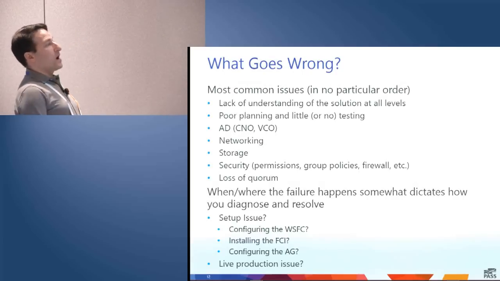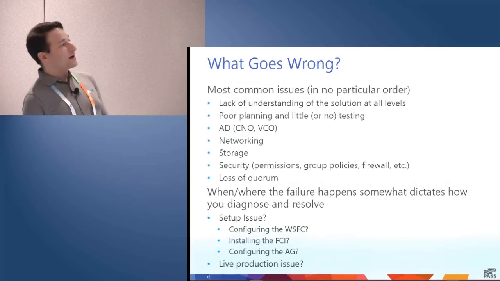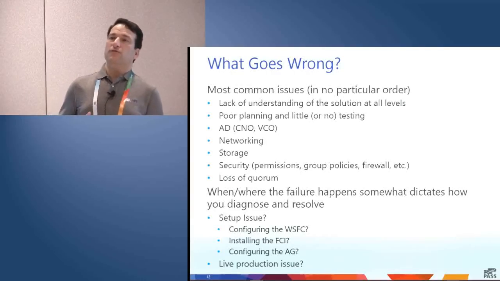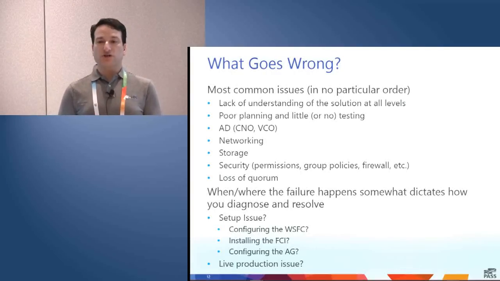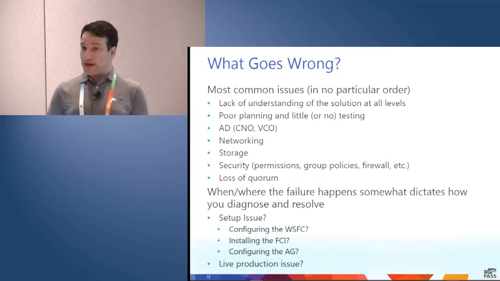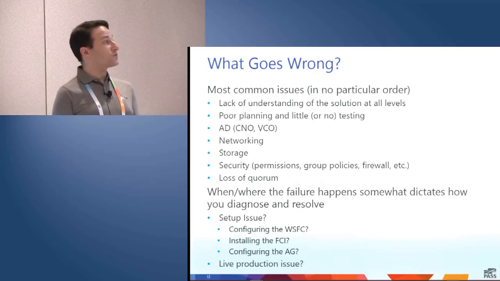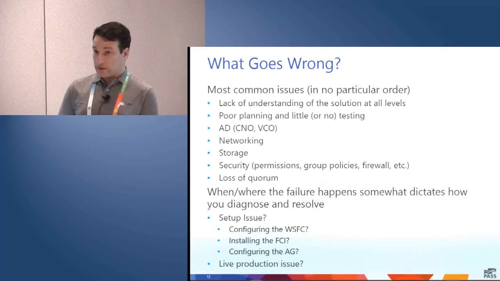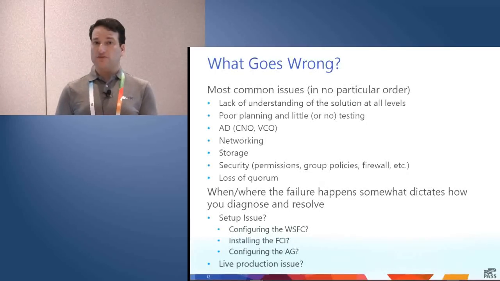All right, a couple other ones. Security, that kind of ties back to AD a bit. So if you have the wrong permissions, somebody sets GPOs that block you from, say, installing stuff or creating objects. Hopefully the demo I have is going to work with that. If your firewalls aren't configured properly, so your cluster nodes can't talk or configure things.